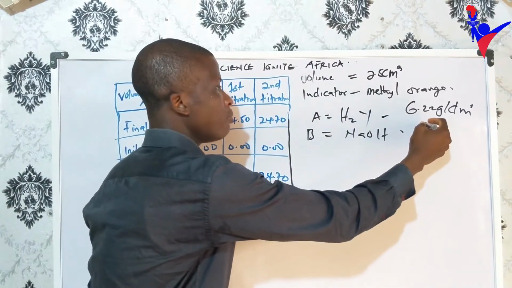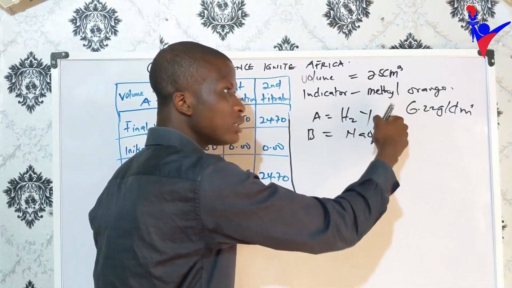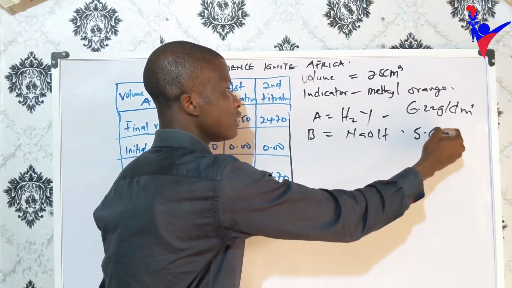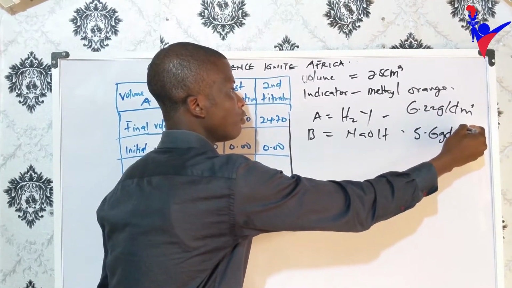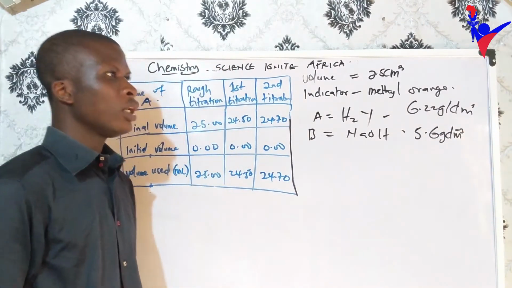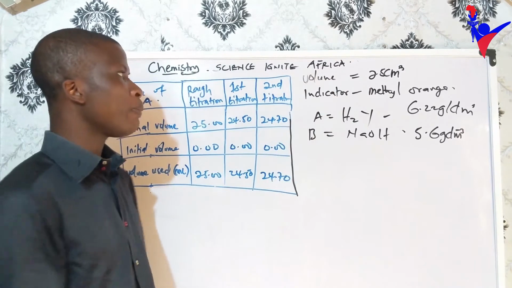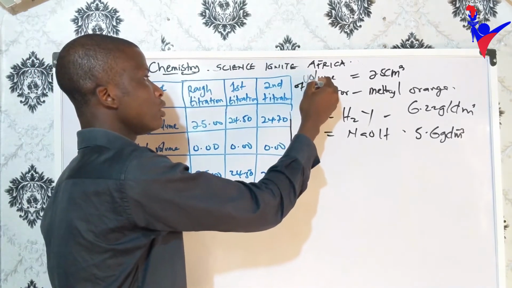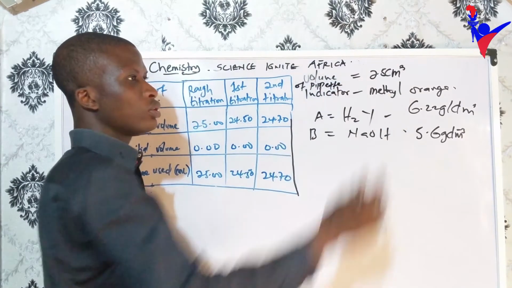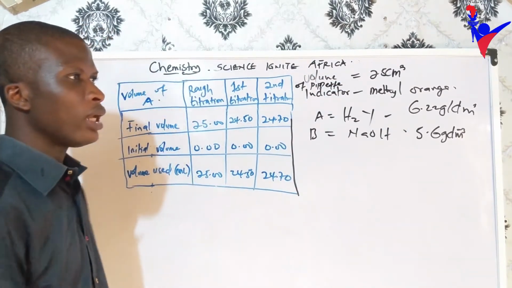It means the mass concentration of solution B, sodium hydroxide, is 5.6 gram per dm cube. I've stated that the volume of the pipette we are using is 25 centimeter cube. Now let's continue.